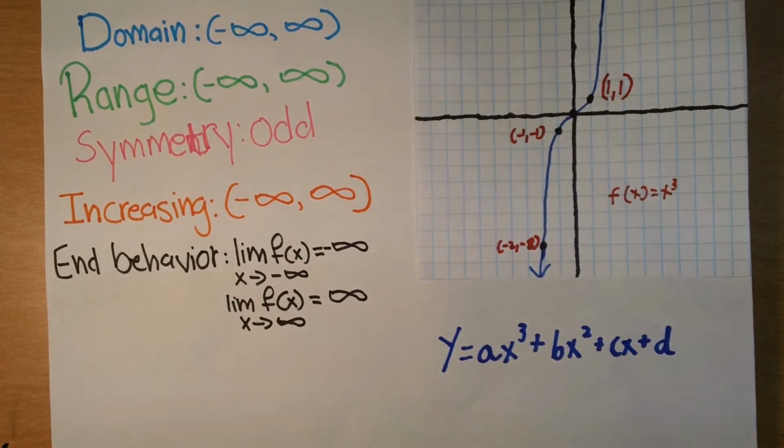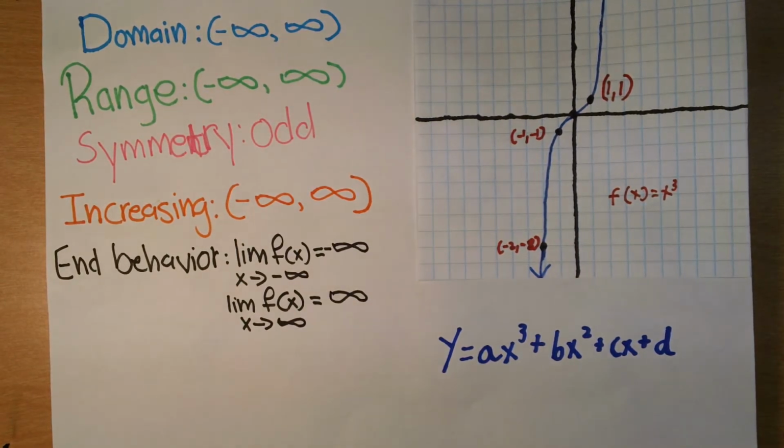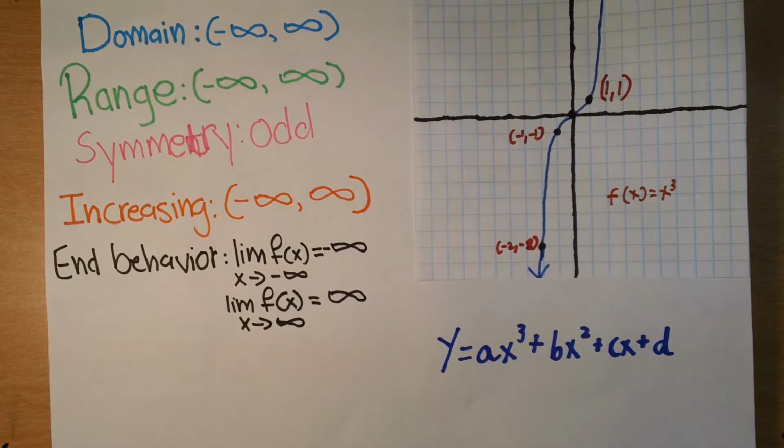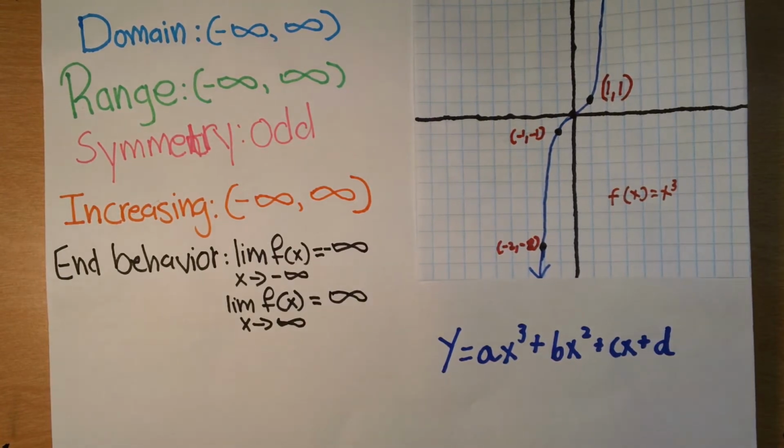We are here to discuss the cubic function. The cubic function's standard form is y equals ax cubed plus bx squared plus cx plus d. Its parent function is y equals x cubed.